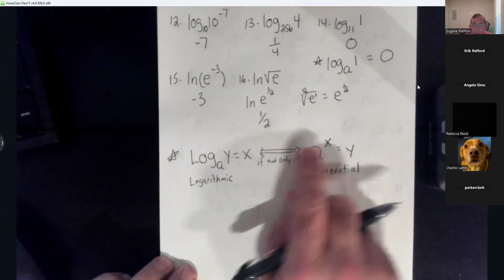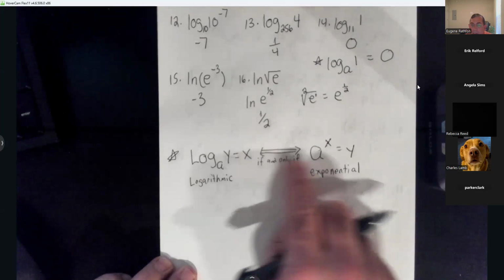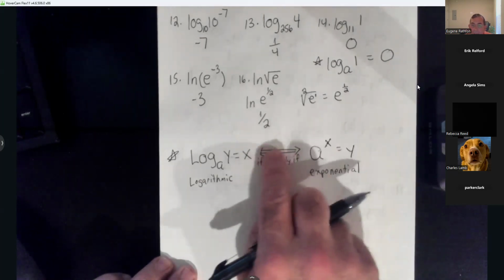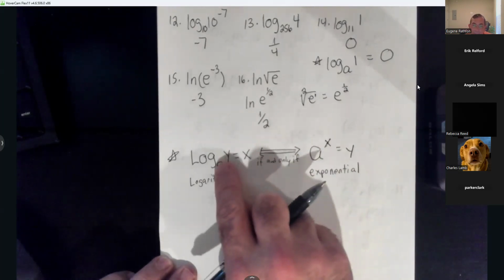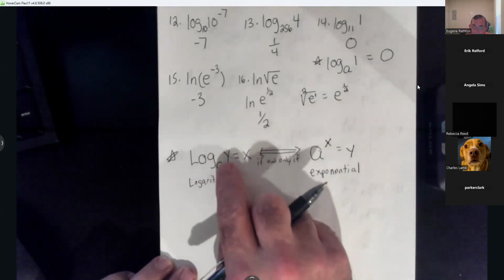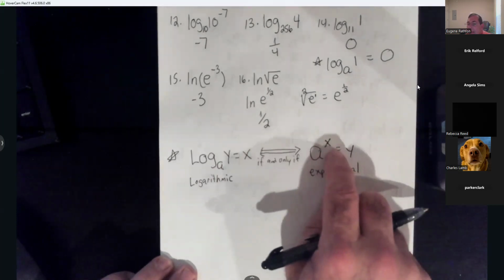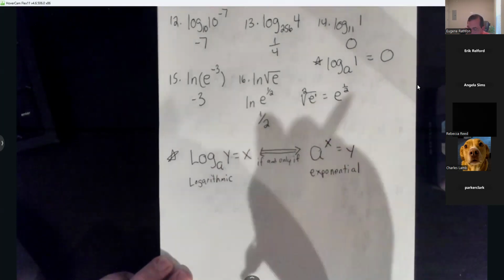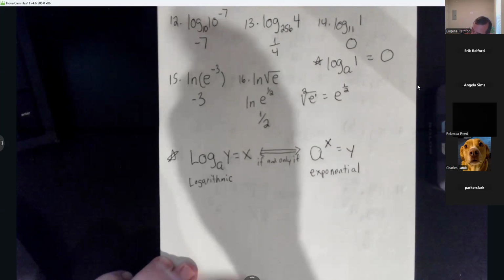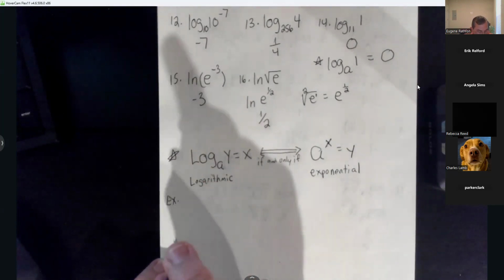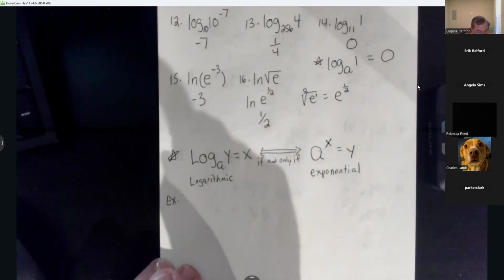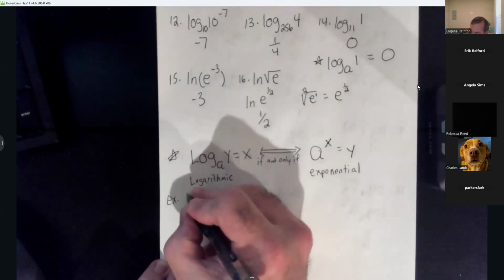So when you convert, you're going to use this direct conversion here. And this double-sided arrow means I can go either way. I can start with exponential and write it as logarithmic, or I can start with logarithmic and write it as exponential, okay? So these next few examples are going to be converting. First, we will convert to logarithmic.